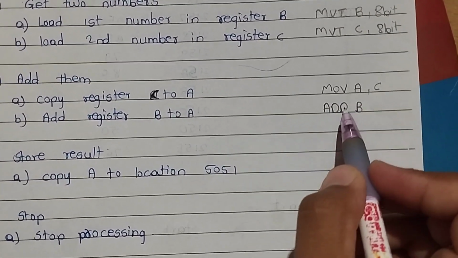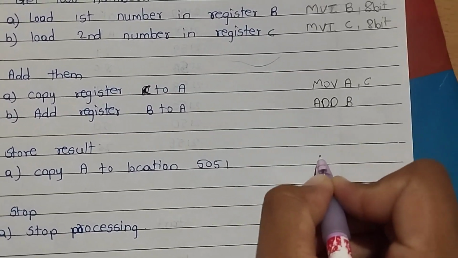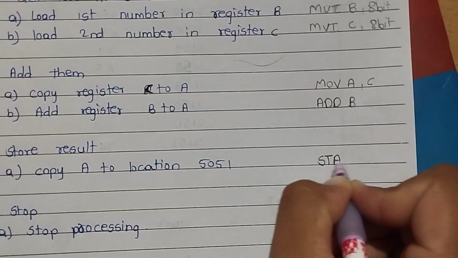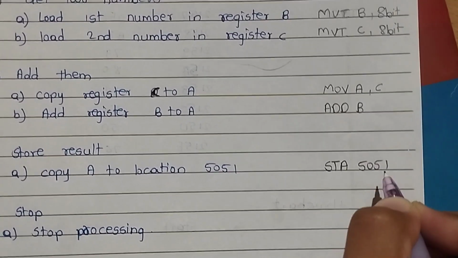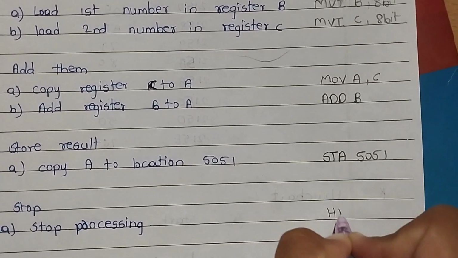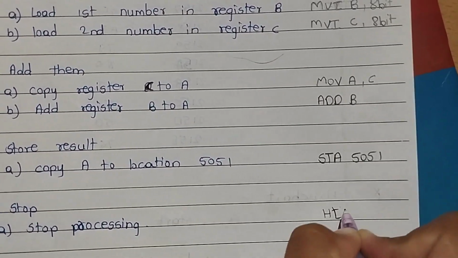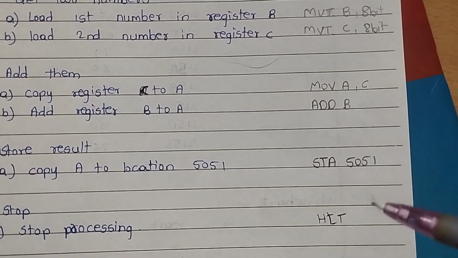The result is stored in the accumulator, so we use the STA instruction, store accumulator, and the 16-bit address given is 5051, and then stop means HLT, halt, to stop the given process.